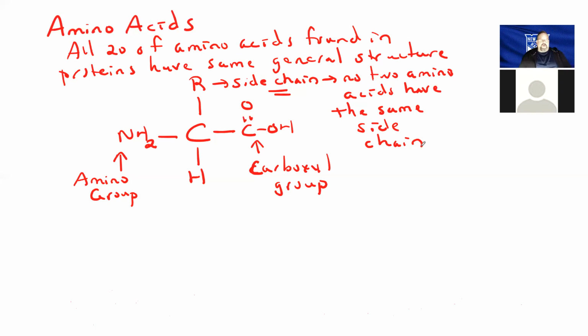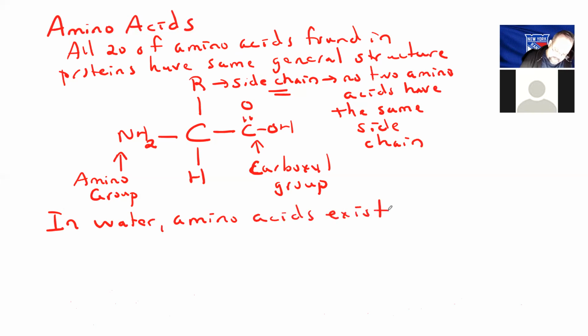No two amino acids have the same side chain associated with them. Now, in water, amino acids exist in what is known as the Zwitter ion form.